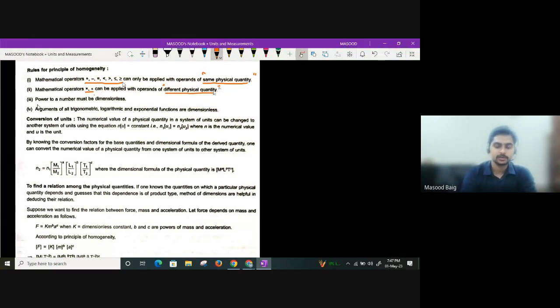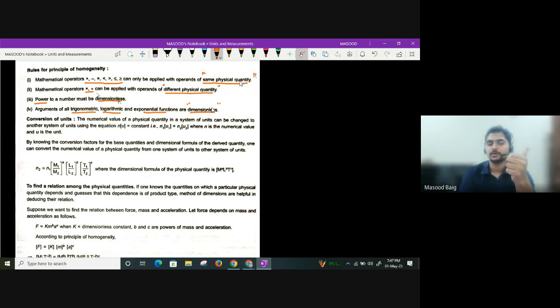Whenever we take a power, it should always be dimensionless. Trigonometric ratios, logarithms, exponential functions, numerical constants, these are all going to be dimensionless, guys. These things you should be aware of. If you take power to a number, the power will always be dimensionless.